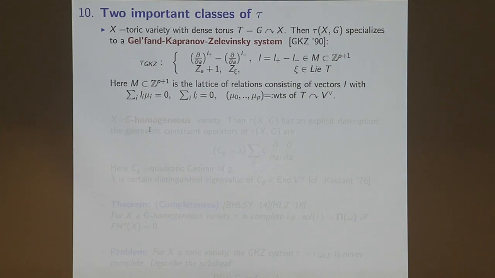So the system can be very explicitly described by this formula. The constraint differential operators are all binomial. They are indexed by a vector in a certain sublattice of Z^(p+1), and together with the symmetry operators I introduced earlier.